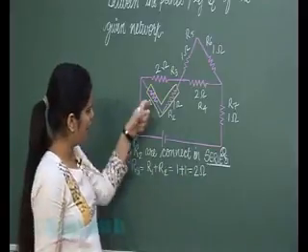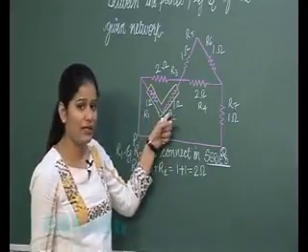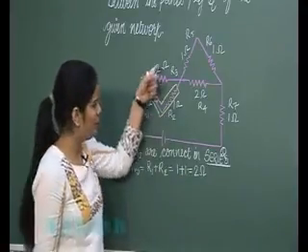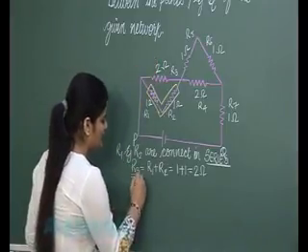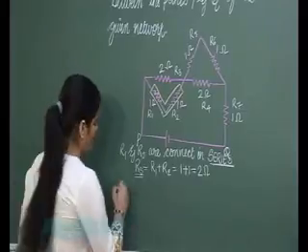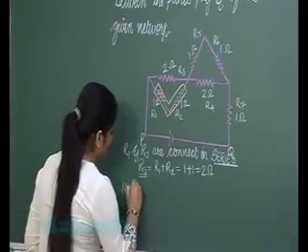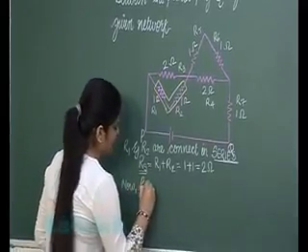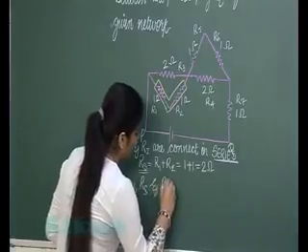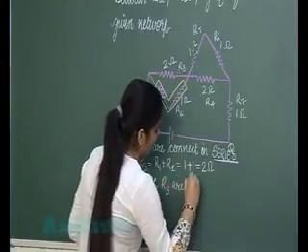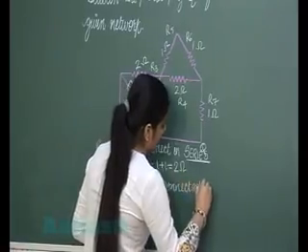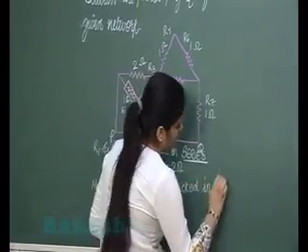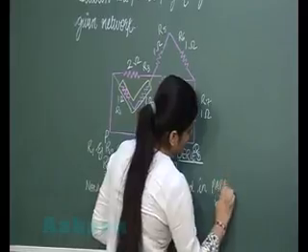Now student, the combination of R1 and R2 is now connected in parallel with R3, that is, RS and R3 are connected in parallel combination.